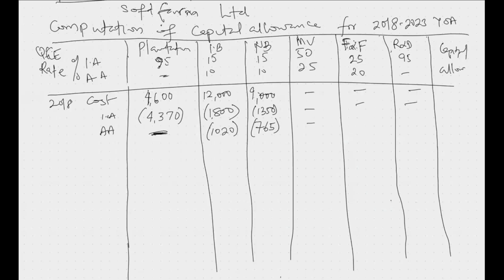So add all this together. Total initial allowance is 7520, while annual allowance is 1785.